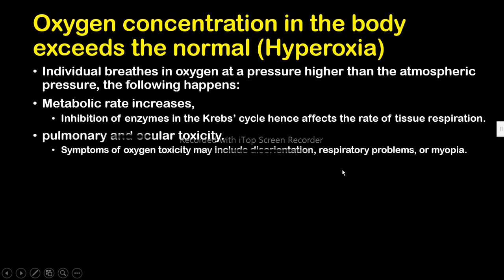But remember, oxygen in the blood is still high. So the increase leads to what we call pulmonary and ocular toxicity. This one has to do with the lungs, and this one has to do with vision. That's why a high concentration of oxygen leads to impaired vision. The symptoms include disorientation, respiratory problems, and myopia. You just see things which are close to you, but you cannot see things which are far from you.